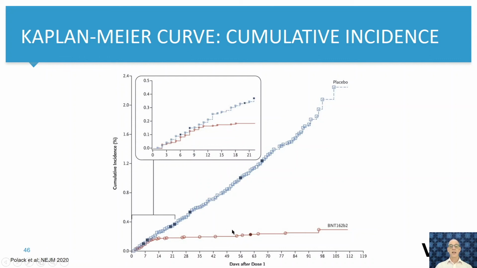And you clearly see that those who are not vaccinated have a much higher incidence over time for a proven COVID infection, compared to those who got the by then still experimental vaccine.